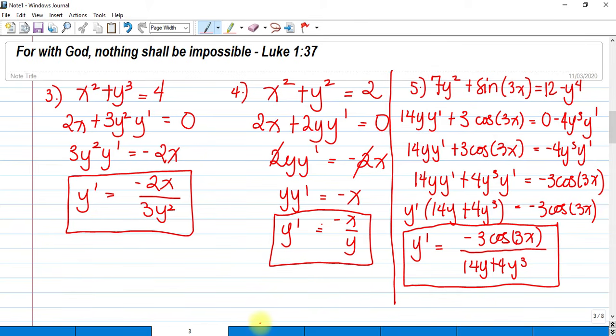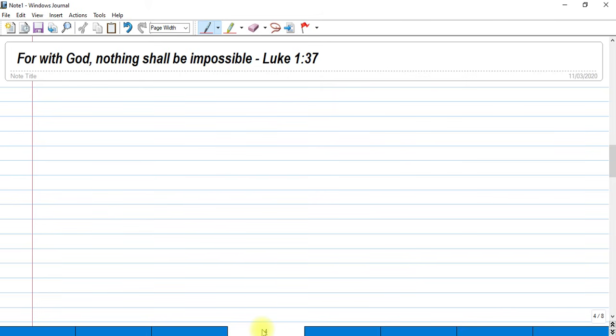Okay, so let's continue. For number 6, the only way for you to be better in math is to solve many problems. So let's try again. e raised to x minus sine of y is equal to x. Find y prime by implicit differentiation.